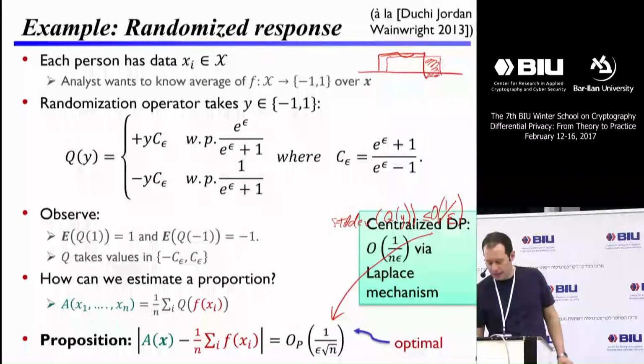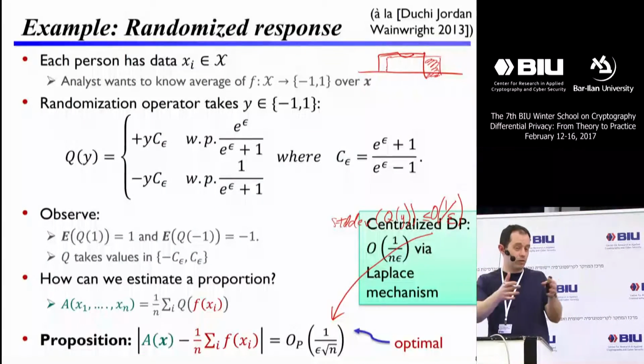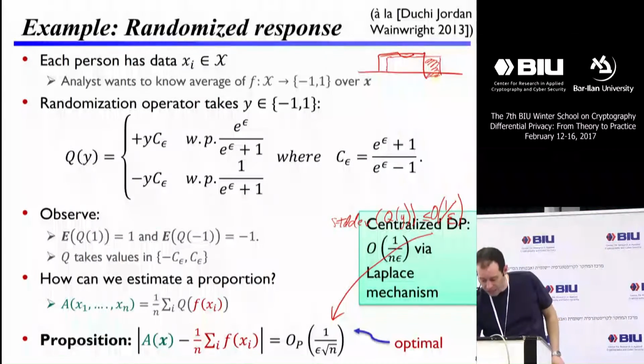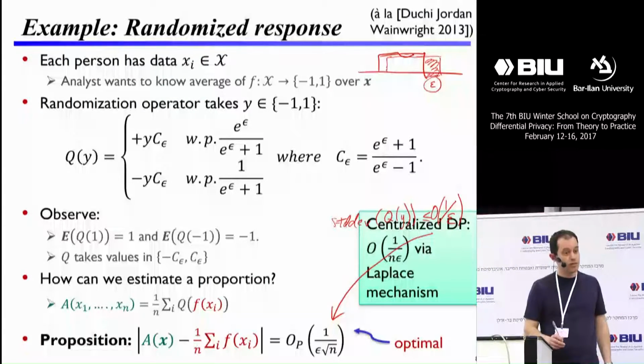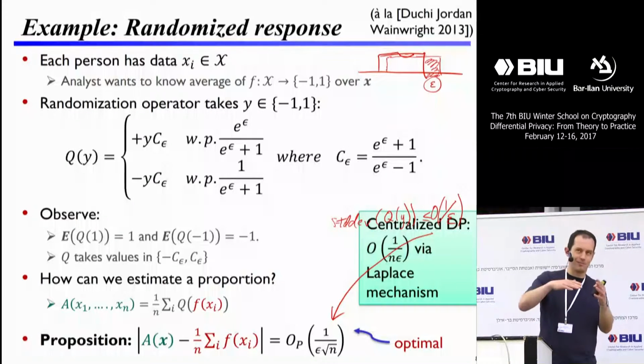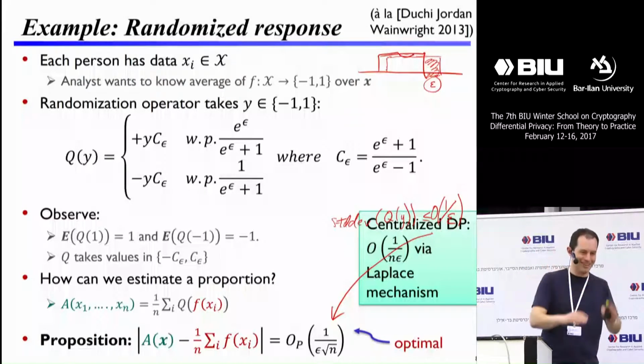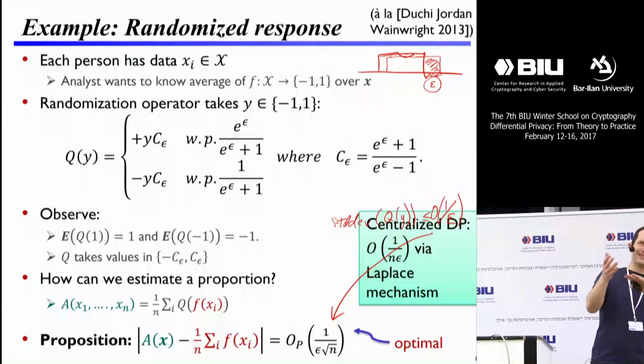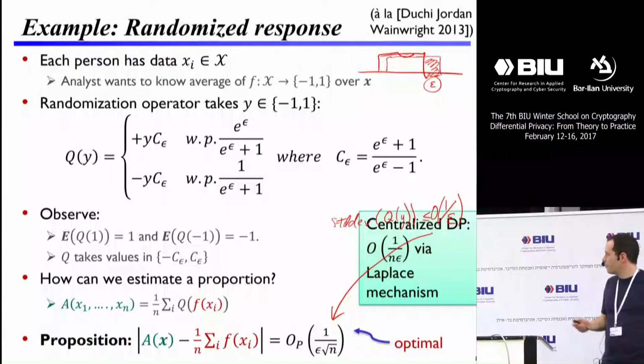The analogous thing would be to pick that interval to have width 1 over epsilon, and then your probability of winding up in this area would be about epsilon, which means the probability that you learn somebody's data is on the order of epsilon n. It's like 1 minus (1 minus epsilon) to the n or something. Okay, but anyway, basically with high probability you're going to learn a bunch of people's data exactly.